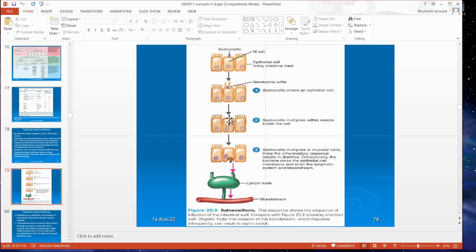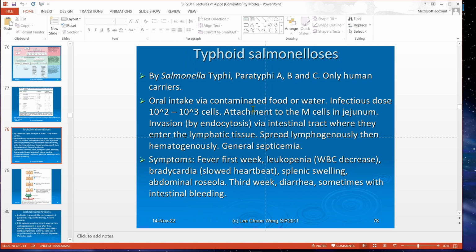It doesn't die while undergoing endocytosis. In fact, it survives and can migrate to the lymph nodes. It enters the lymphatic tissue, and then sometimes it enters the bloodstream. Once it enters the bloodstream, it becomes general bacteremia or septicemia, a blood infection.